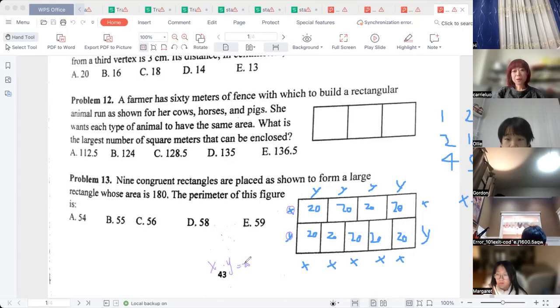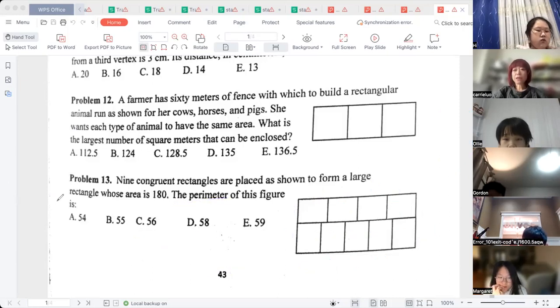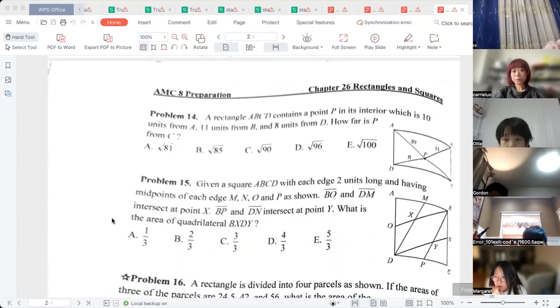So the perimeter of the figure equals x plus y plus 4y times 2. No, the perimeter, Oliver, you're wrong. What you're trying to do is x plus y times 4y equals 180, right? So you can just put the 20 as 10 and 2, 4 and 5, the data inside it and check out which ones are perfectly matched.